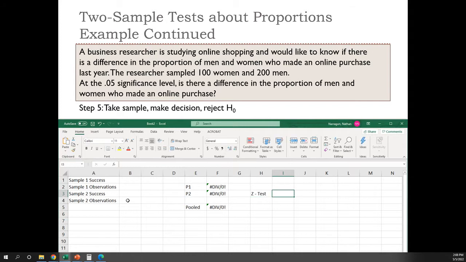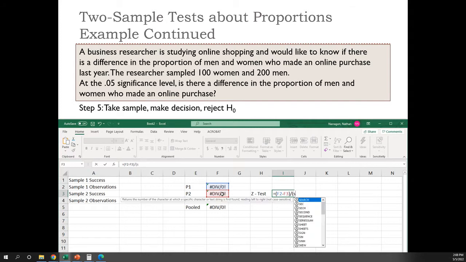Now, the big bad boy, the Z test statistic. So this is going to equal, in parentheses, P1 minus P2, divided by, now here comes the fun part, the square root of our pool minus, actually we're going to make this simpler.